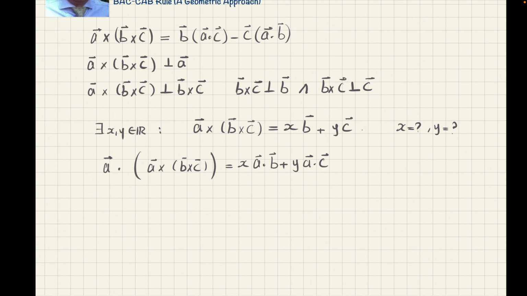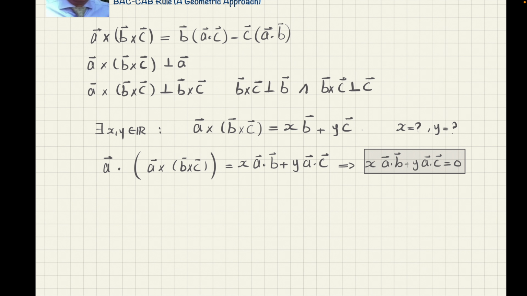So I immediately get an equation here. So I know that x A dot B plus y A dot C is equal to 0. So you see that one equation between x and y is very easy to find. Finding the other one needs a little bit of effort.